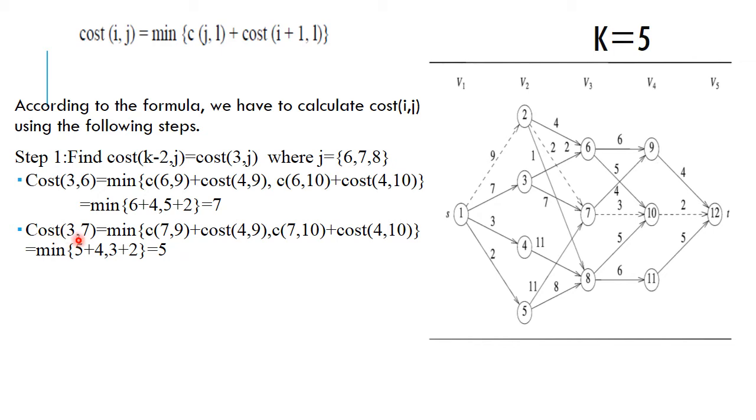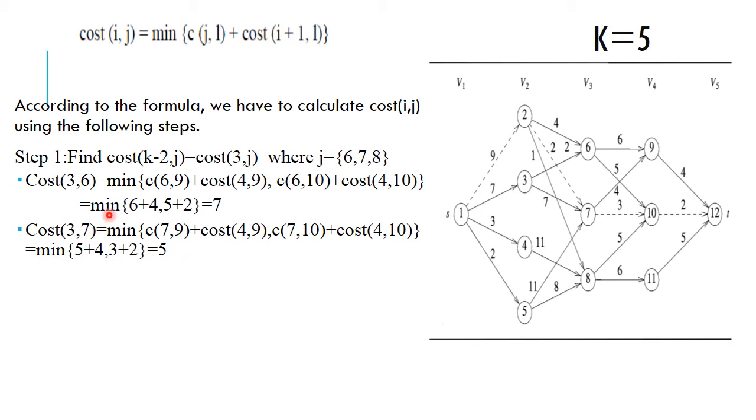Next we'll find cost of 3, 7, which is equal to the minimum of C of 7, 9 plus cost of 4, 9, and C of 7, 10 plus cost of 4, 10. How did I get the L value? You check which nodes in the next stage 7 is connected to.